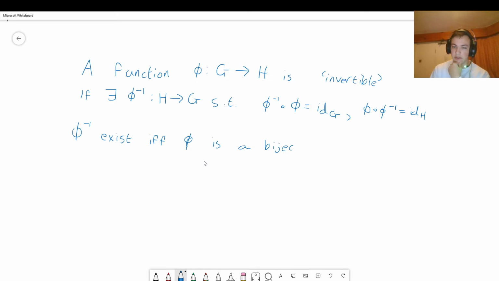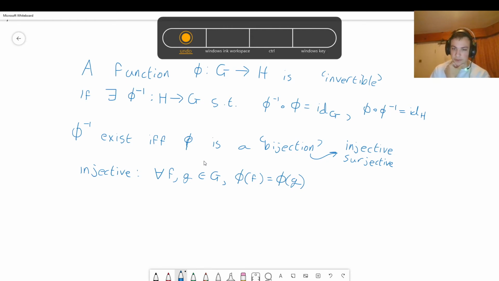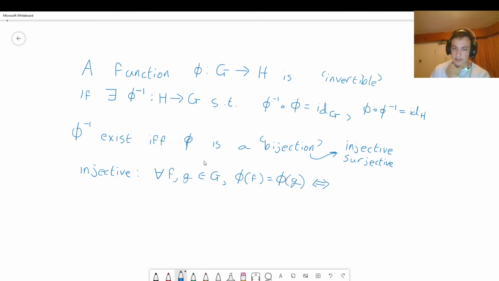Okay, so a bijection is an injection and a surjection, so it's injective and it's surjective. Injective means that for every f and g in G, phi of f is equal to phi of g if and only if f is equal to g.